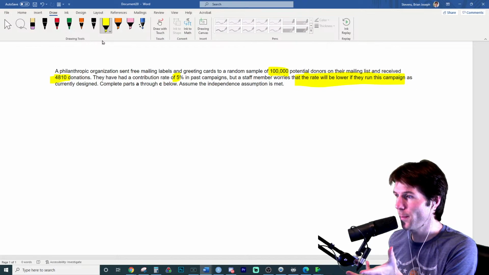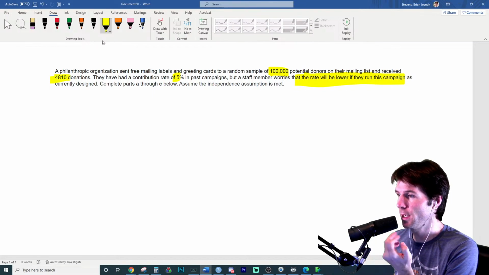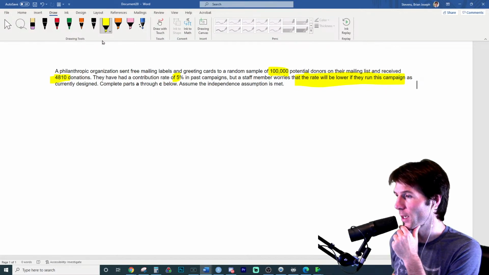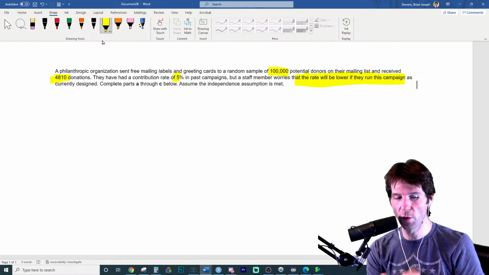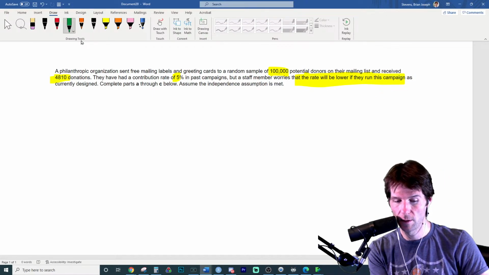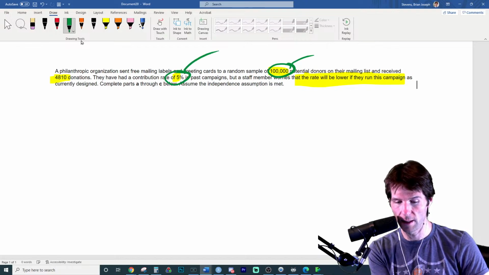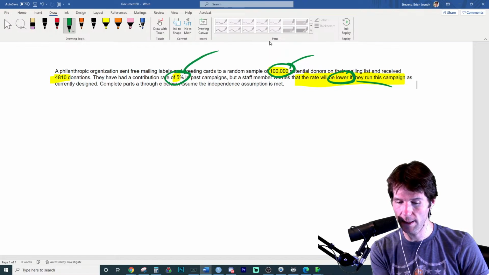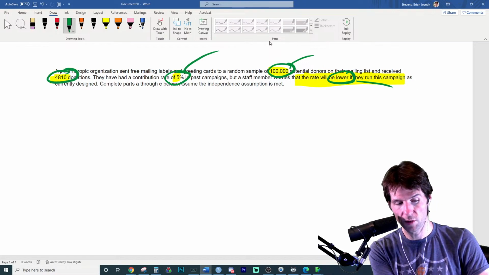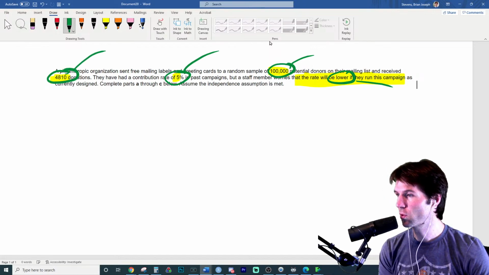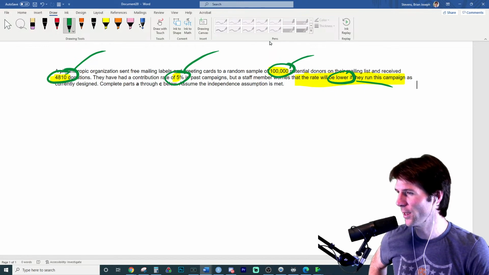What is our null hypothesis, that the true proportion of people who donate would be equal to what? Knowing the notation is key right here. The subscript indicates something to us, and this indicates something. So what is our starting current belief?